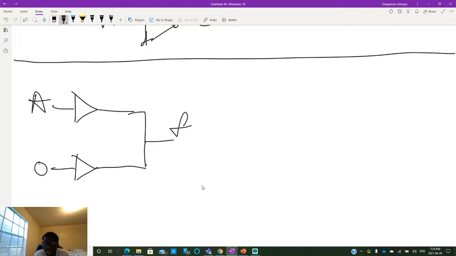If that makes sense. Like if you have, let's say, an output here is 1, right, and this is 0, we don't know what F is. If that makes sense, right? Okay.